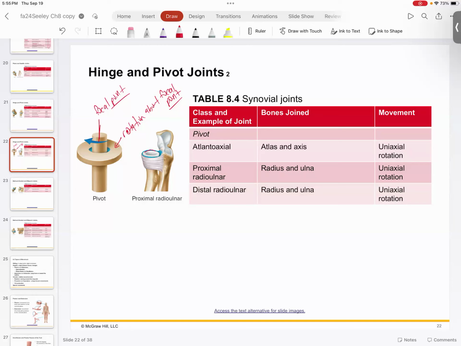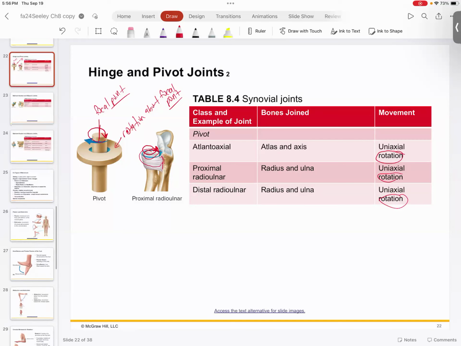The head of the radius is wrapped around ligamentously and tied to the radial notch of the ulna. This allows the radius to twist within that. It pivots within that, and that creates a pivot. So this will be the radius and the ulna rotation. Notice the motion is a rotational motion. You're basically spinning, rotating within that little wrap, if you will. So that's your pivot.